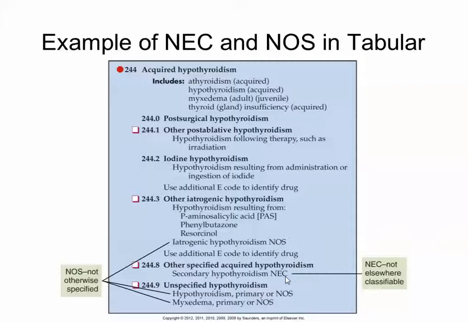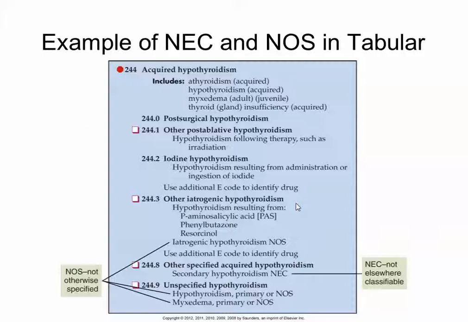Now, let's look at this. If we look at 244, our category, acquired hypothyroidism, we have several things that we can choose from. In our subcategories, we have post-surgical hypothyroidism. We have other post-ablative hypothyroidism, iodine hypothyroidism, and other iatrogenic hypothyroidism. And what does iatrogenic mean?